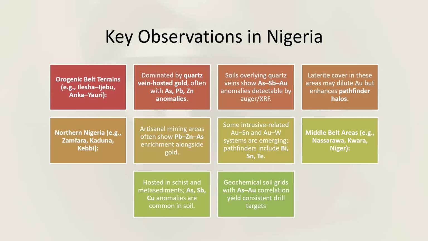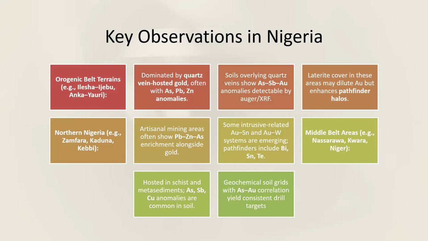You will see the arsenic, the bismuth, and the gold anomalies easily detected when using your XRF. And most of the areas that have a high lateritic cover might definitely dilute some of this gold, but they will enhance pathfinder halos. So that's why most of the laterite regions give you a lot of signatures.